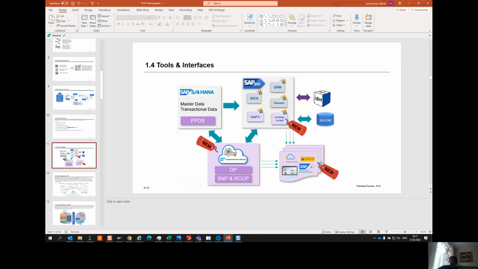We won't really talk about this block a lot because there are not so many incidents for this matter. So mainly we will talk about these three blocks: SAP PPDS, IBP, and SAP BW in relation to planning.